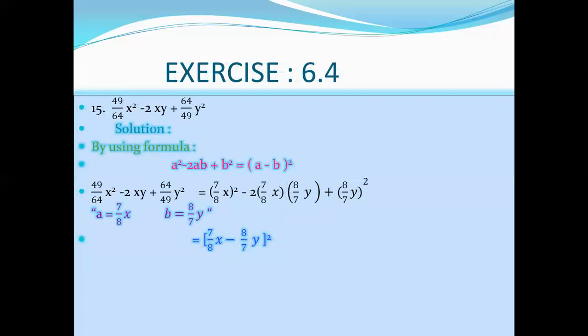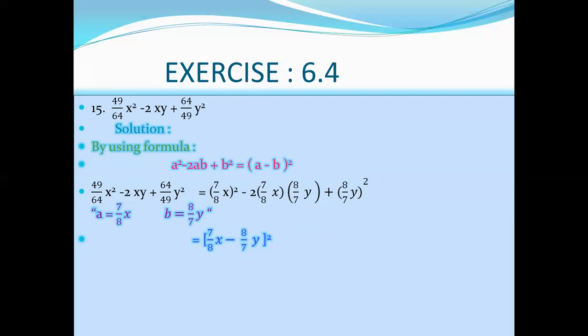Again, the numbers are given to you in the form of fractions, but you see the numerator and denominator, they both can be converted into a single term. 49 is the square of 7 and 64 is the square of 8. Then again come to the last term. 64 is in the numerator and 64 is the square of 8, and in the denominator 49, and 49 is the square of 7.